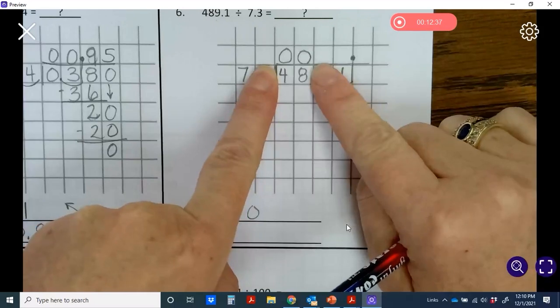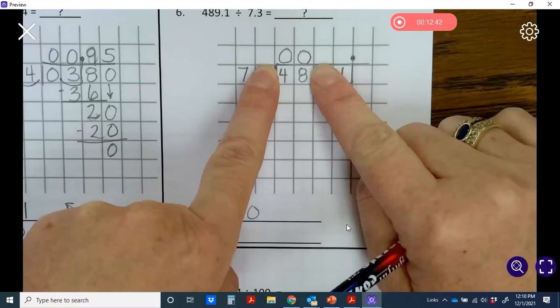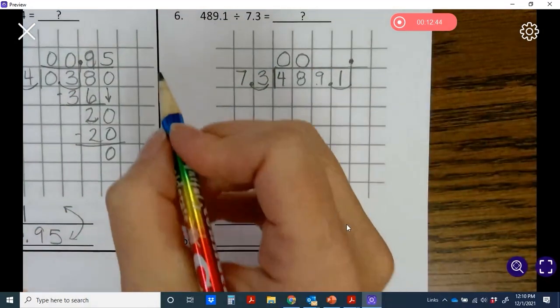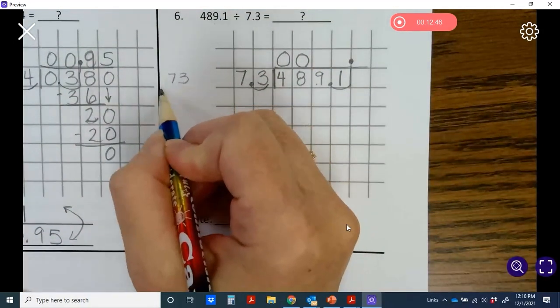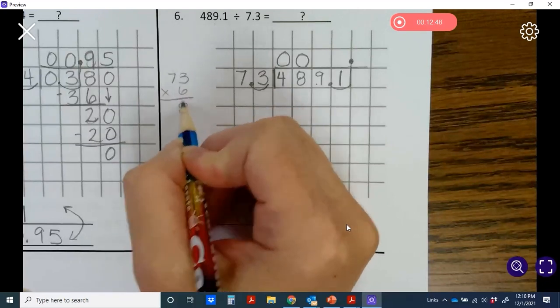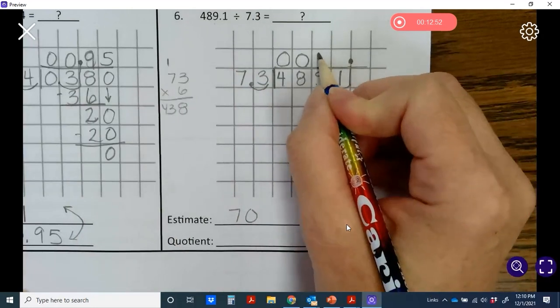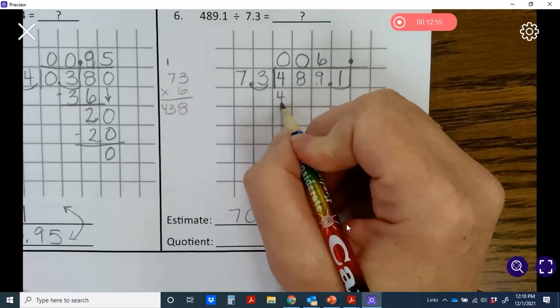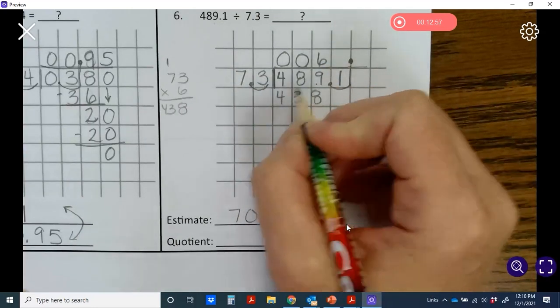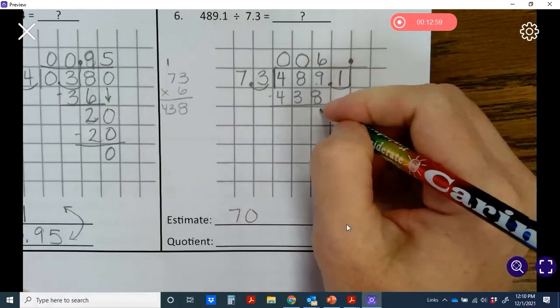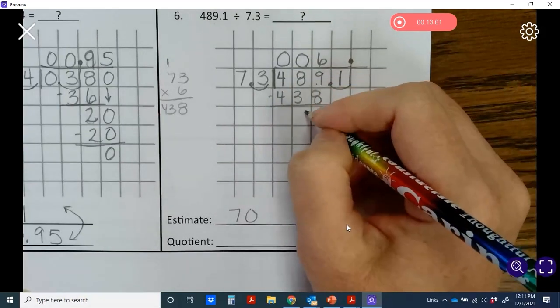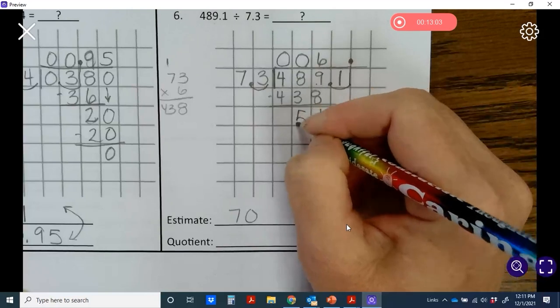How many times does 7 go into 48? 6 times. So I'm going to do 73 times 6, 18, 42, 43, 438. Now hopefully this works. It may or may not. 1, 5, 6, 5. Yep, that's going to work.